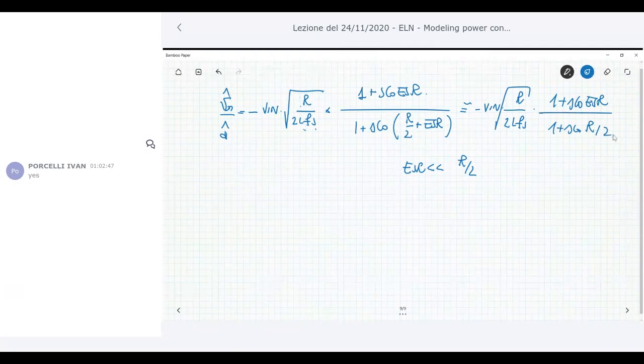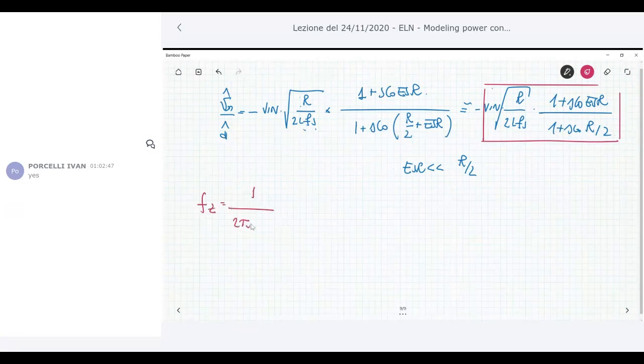So now we have the same gain, the same pole as before, but then we have another 0. So you have F zeta, which is 1 over 2P C naught ESR. You have a pole, which is 1 over P C naught R, and you have the gain, which is minus V in R over 2LFS.